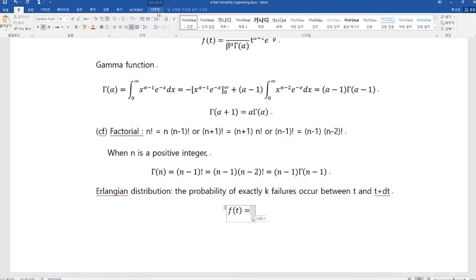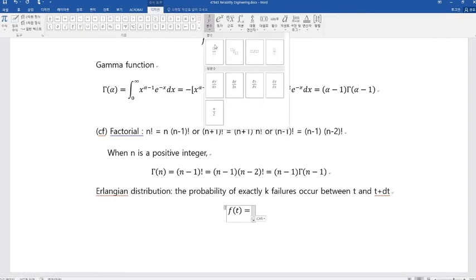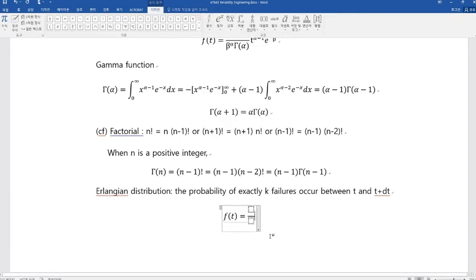So how can we calculate the probability that k minus 1 failures occur for the time duration t when the failure rate or failure intensity is given as a constant value lambda? In that case, we need to apply the Poisson distribution.